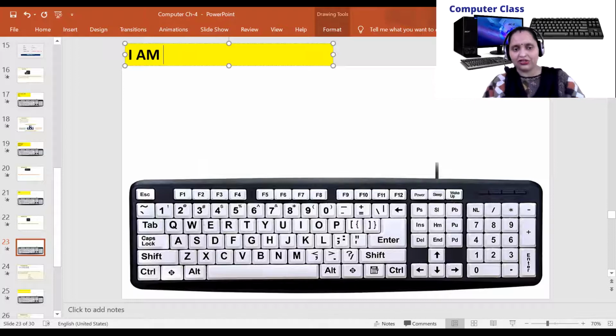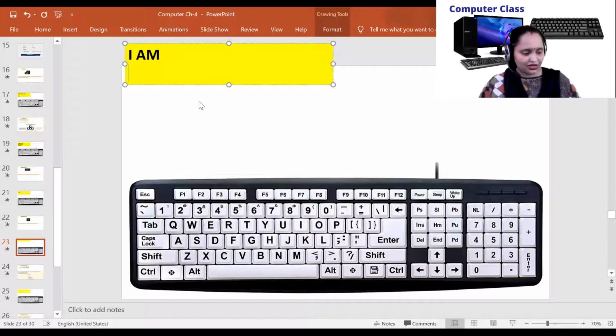This is the right side and this is the left side of the cursor. Once again, I'll show you. I am writing some alphabets again. I have written this. Now my cursor is here. Now I am using the delete key.